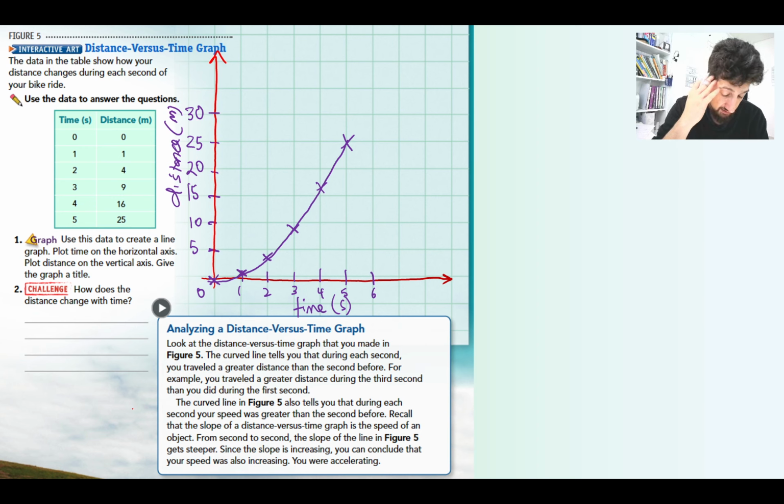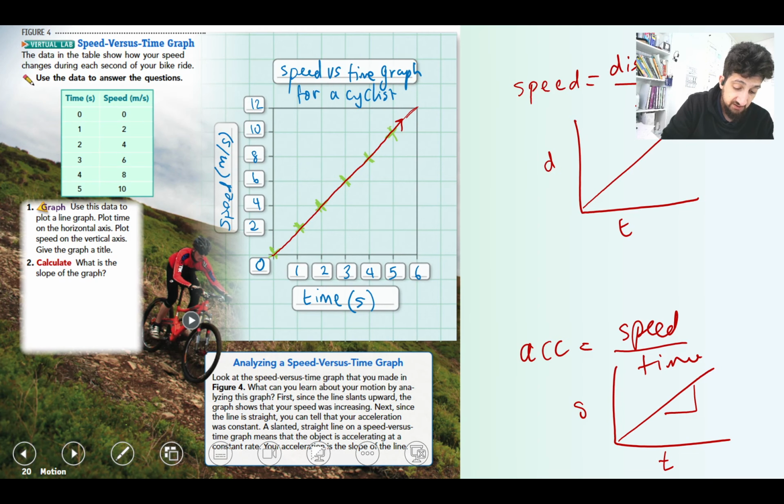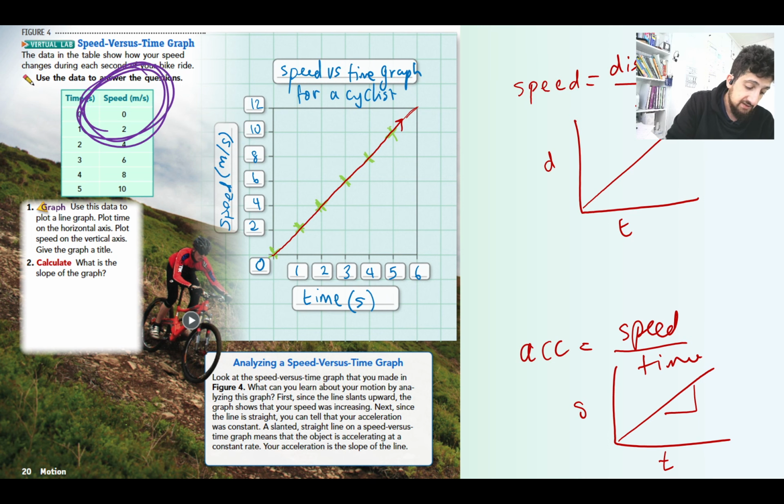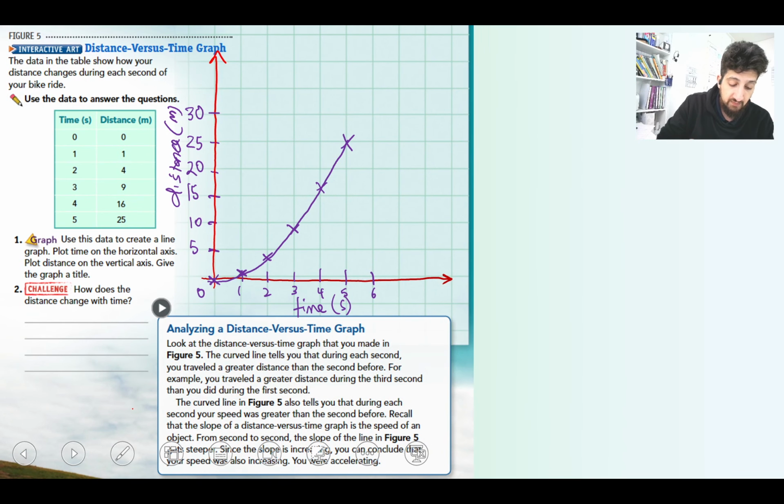So the speed is not constant, but your speed is actually changing. And remember, this is distance time, whereas before it was speed time. The first thing you have to remember is that one is speed versus time, and this is distance over time.